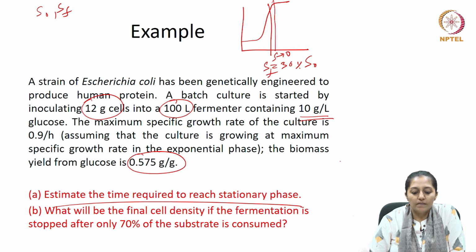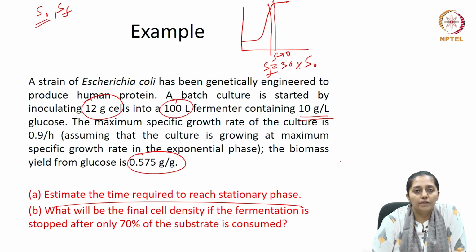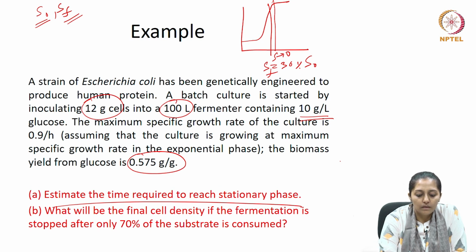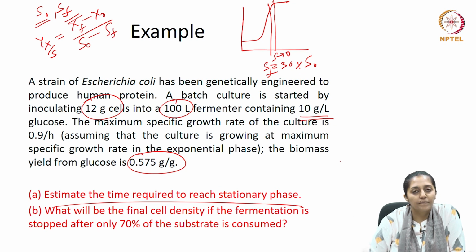So now what is given to us? The initial substrate concentration is given. The final substrate concentration can be obtained after 70% conversion of the initial substrate. Yx/s is also given, and we know how Yx/s relates the biomass production with the substrate consumption: Xf minus X naught divided by S naught minus Sf, isn't it?